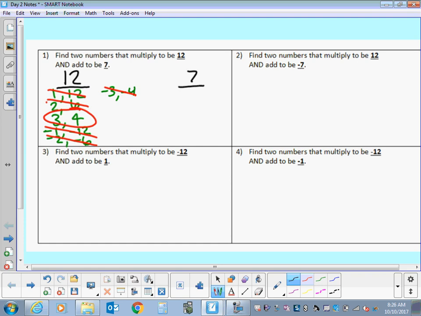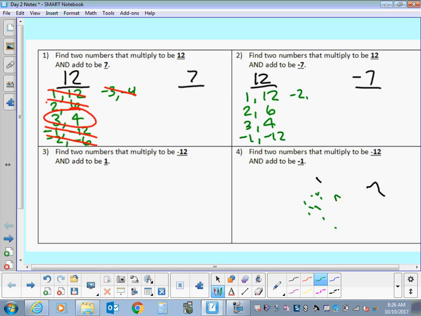Alright, number 2 says find two numbers that multiply to be 12 and add to be negative 7. I'm going to do this, you don't have to, but we have 1 and 12. I'm just going to copy exactly what I have over there. 2 and 6, 3 and 4, negative 1, negative 12, negative 2, negative 6, and then negative 3, negative 4.